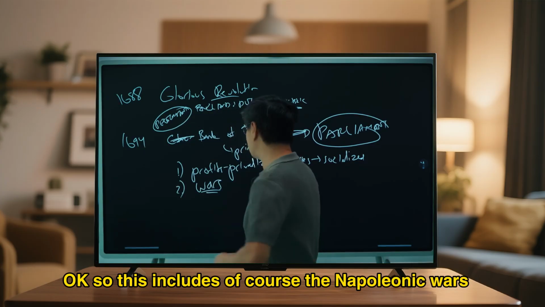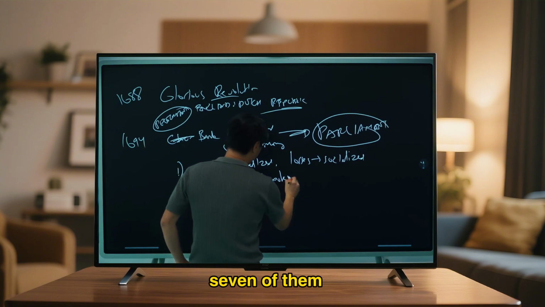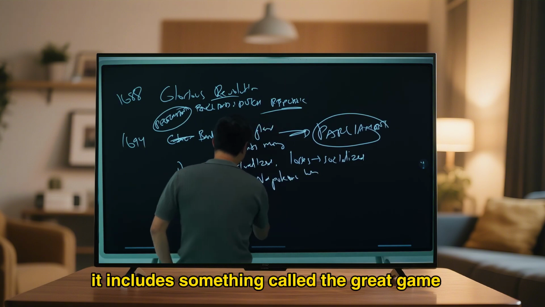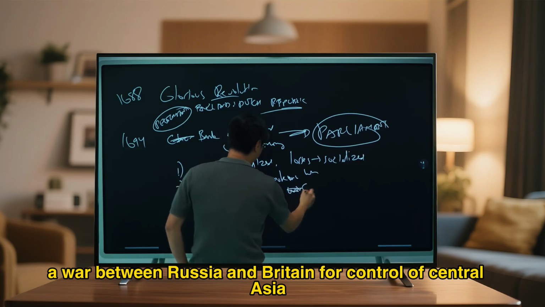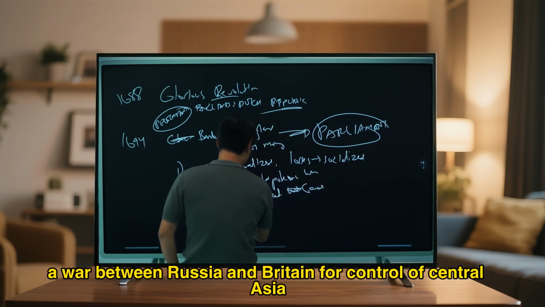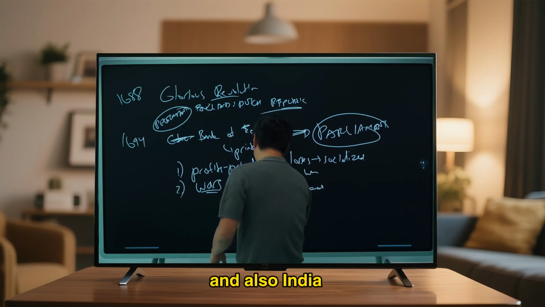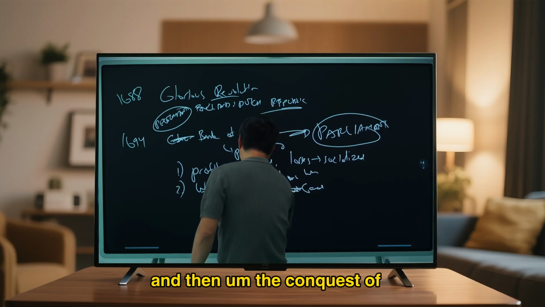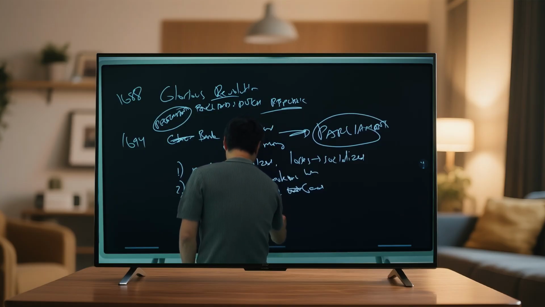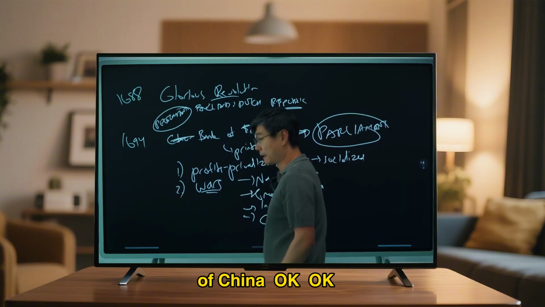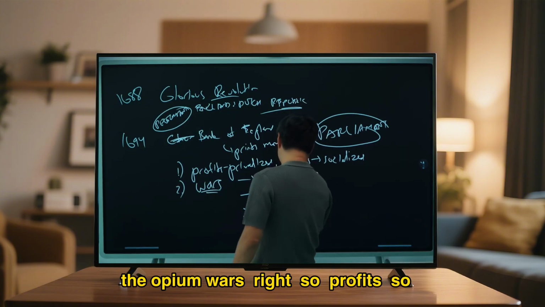Okay? So this includes, of course, the Napoleonic Wars, 7 of them. It includes something called the Great Game, a war between Russia and Britain for control of Central Asia. And also India, the conquest of India, and then the conquest of China, okay? Does it make sense? The Opium Wars.